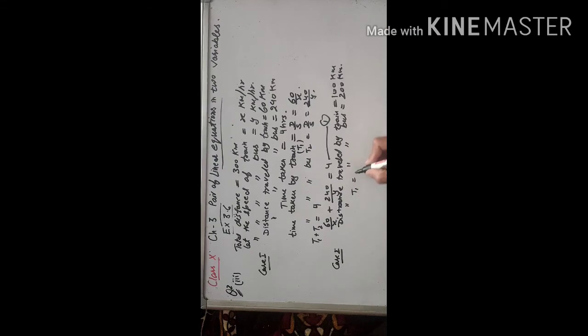So t1 is distance upon speed, that is 100 by x, and t2 is 200 by y. So the new equation is 100 by x plus 200 by y is equal to the total time, that is our second equation.